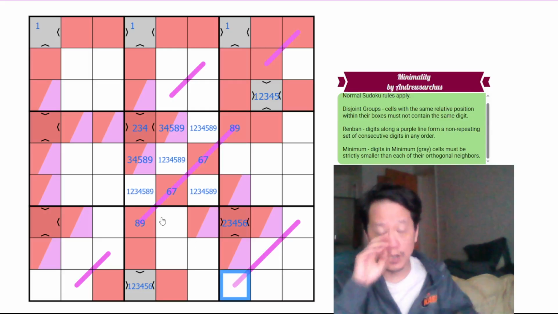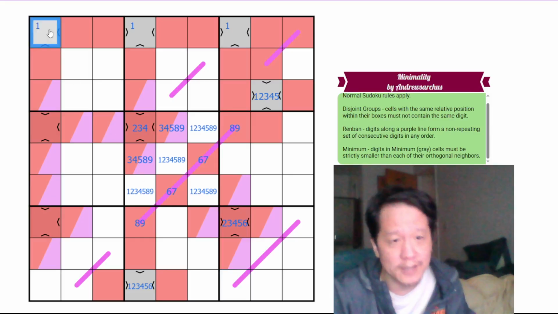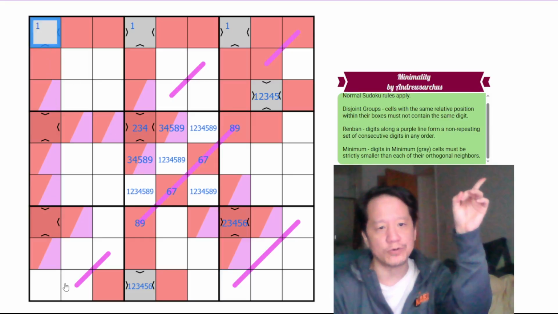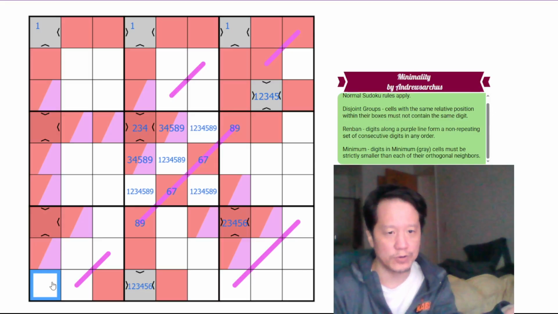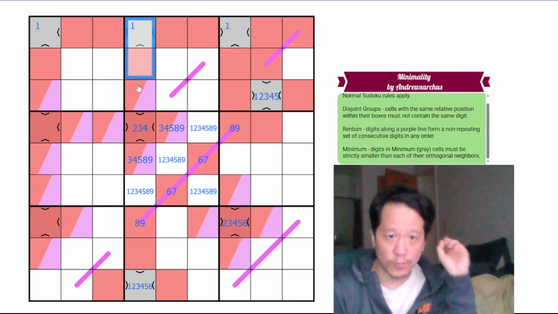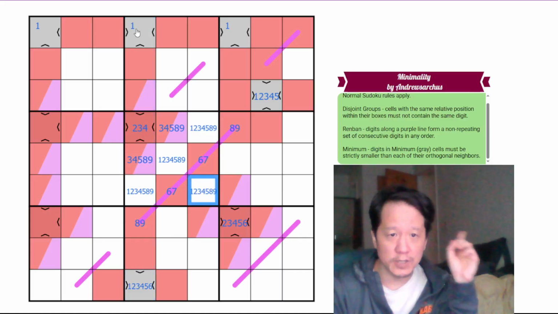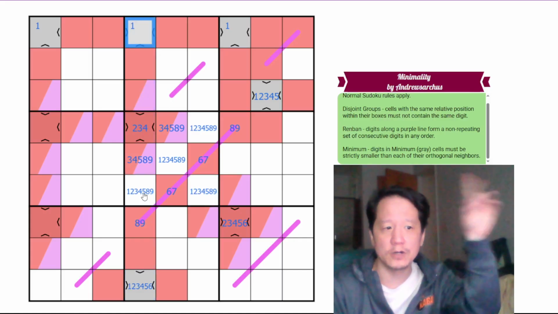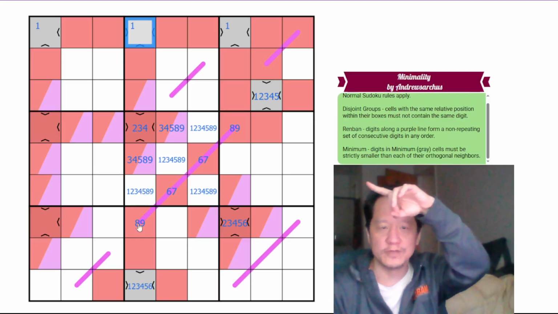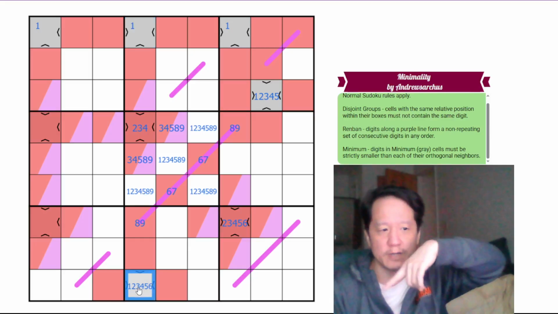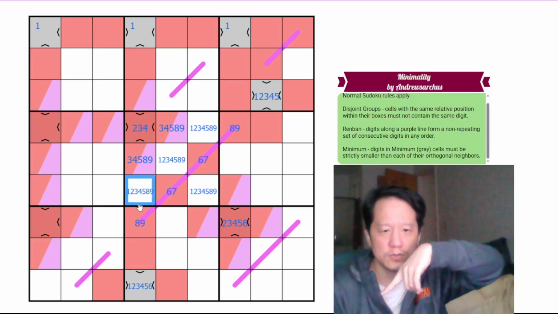Oh. Okay. In column 1, 1 has to be in the upper left-hand corner or the lower left-hand corner. In column 4, 1 has to be in the upper left-hand corner here, or the bottom left corner in these two cells, right?